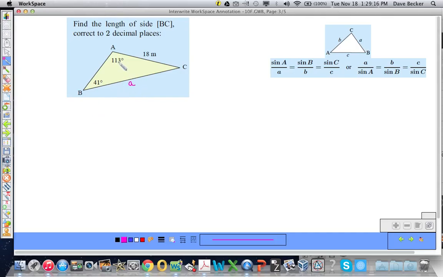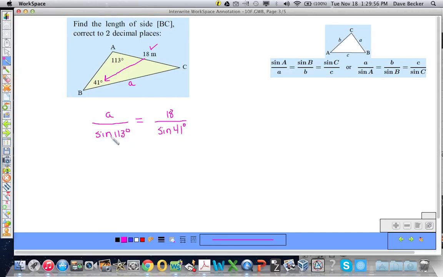A is opposite the angle 113 degrees, so little a over the sine of 113 degrees is equal to some other side length divided by the sine of the angle opposite. I have the length, 18 meters, and it is opposite the angle 41 degrees. So this is equal to 18 over the sine of 41 degrees.